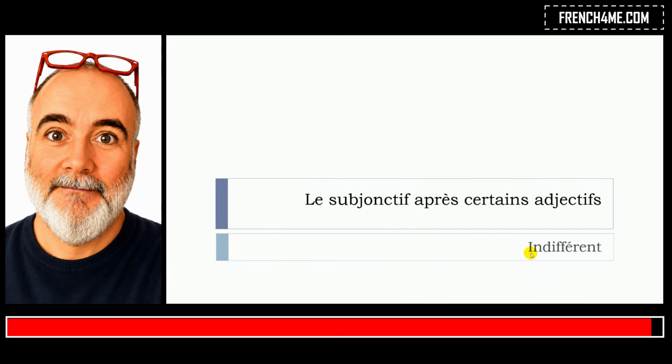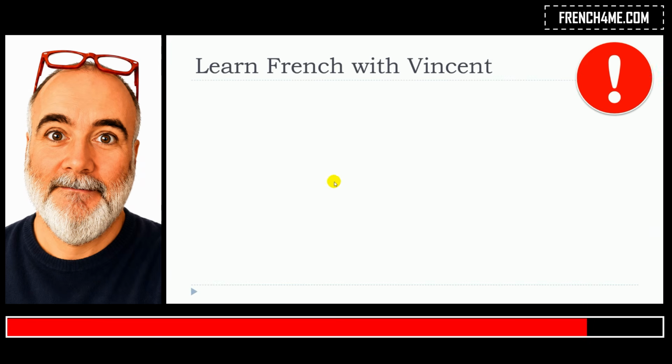In this lesson, we will see together le subjonctif après certains adjectifs, but more precisely, we will see indifférent. The important thing that we need to remember is that we will structure our sentence in such a way. We will start with il est.